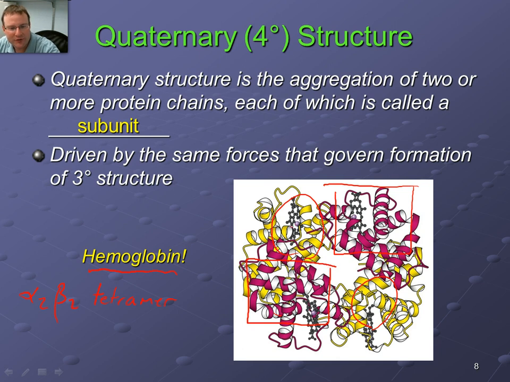Later on, we're going to find out that when subunits come together to make the quaternary structure, a lot of times the function of the monomer is similar, but not exactly the same as it is in the overall tetramer. So in this example, hemoglobin can effectively be thought of as four different myoglobin subunits that have come together. Myoglobin is an oxygen-binding protein, but it's not what we call a reversible allosteric oxygen-binding protein.